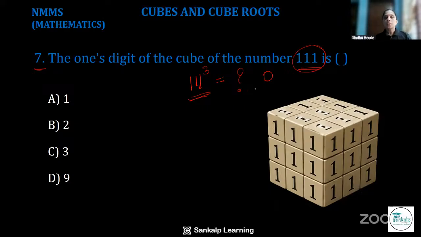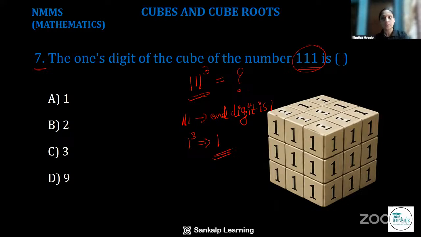Here we can use one easy method: just look at the end digit of the given number. Here 111 is there, and the end digit is 1. So 1 cube is also 1. So the cube of 111 also ends with the number 1.